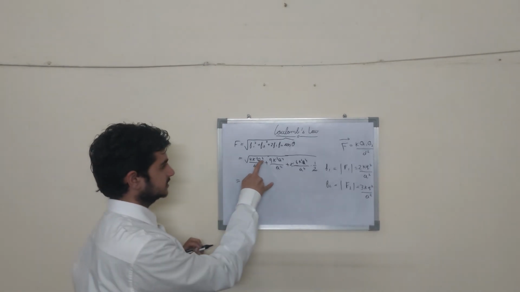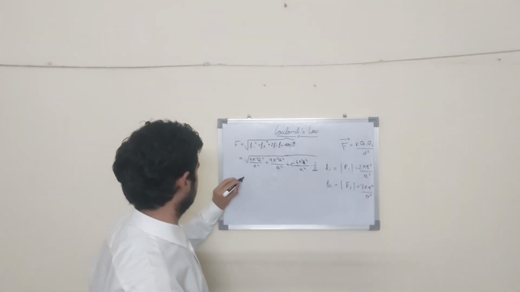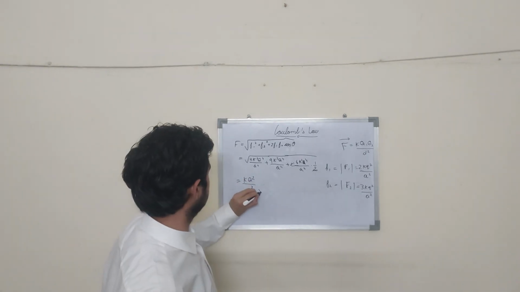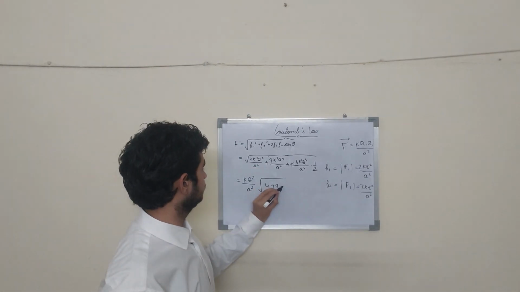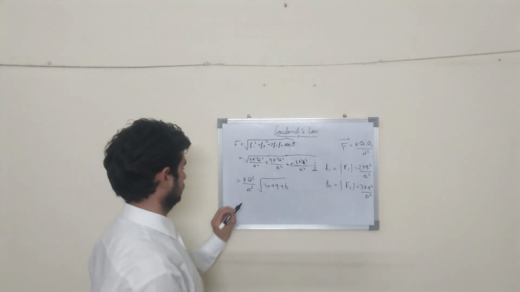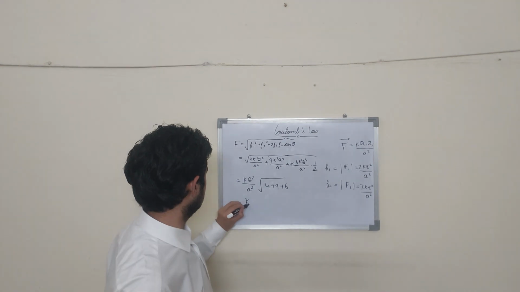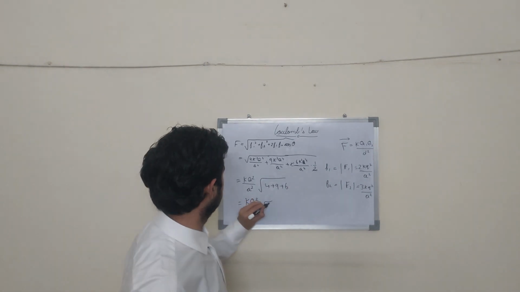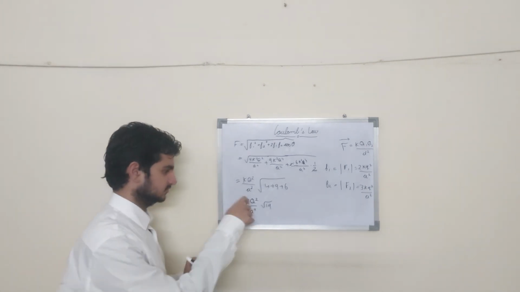So we can take K square Q to the power 4 upon A to the power 4 as common and bring it out of the root. So that would be K Q square upon A square times root of 4 plus 9 plus 6. What is this? This is 19, so K Q square upon A square into root 19. That would be the magnitude of the force acting on Q.